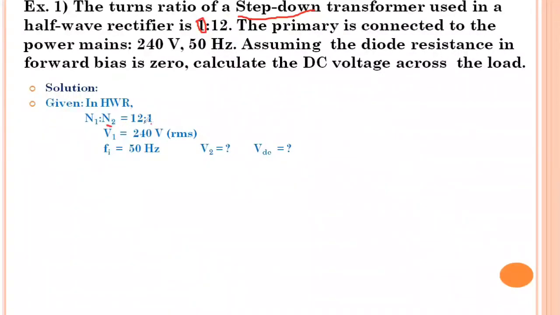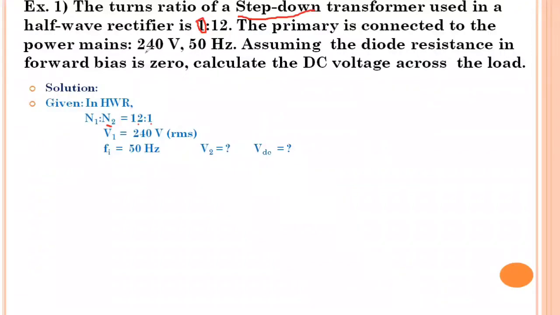N2 is smaller than N1. The question gives it reversed for confusion. So 12 is the primary number of turns and 1 is the secondary number of turns, because secondary turns are less than primary by the step down concept. So N1 to N2 should be 12 to 1.